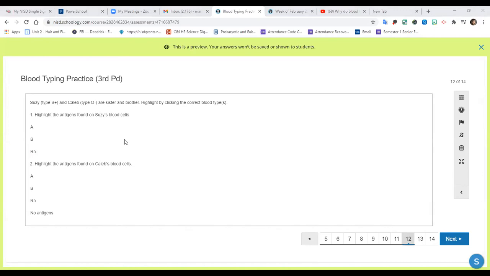Very good, Fatima. Very good, Braxton. Come on, guys, a little bit more answers. It's B, so that means it has to be B. And it's positive, so that means it has RH. Okay. Highlight the antigens found on Caleb's blood. He's O negative.